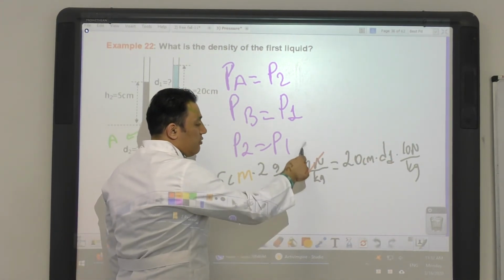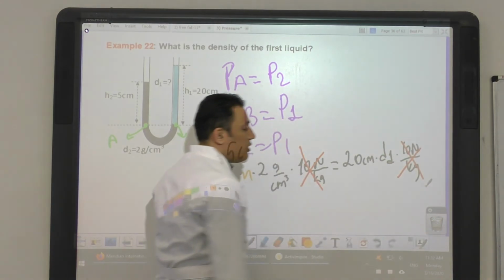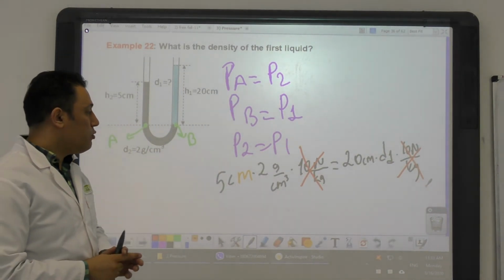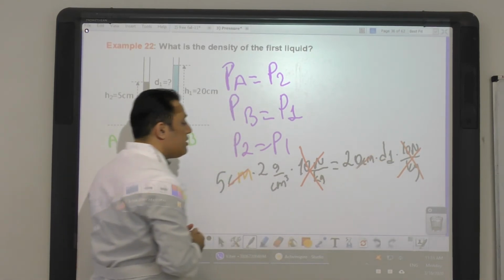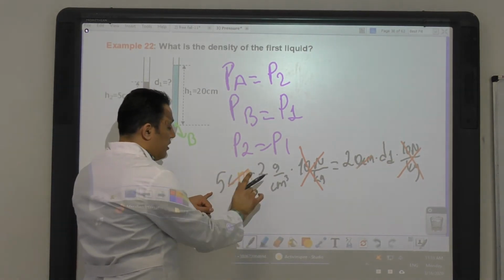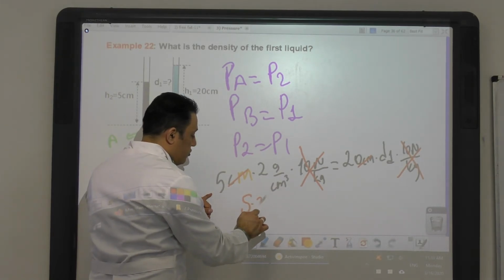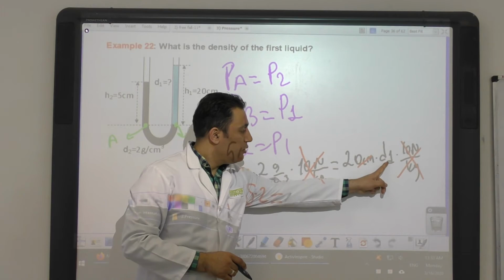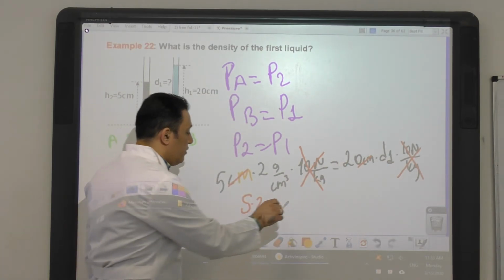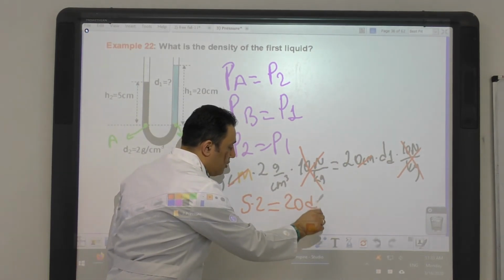Since 10 newtons per kilogram is on both sides of the equation, and they are equal to each other, and centimeters and centimeters can also be simplified, I have left 5 times 2 on the left side of the equation, which is equal to D1 multiplied by 20, or 20 D1.